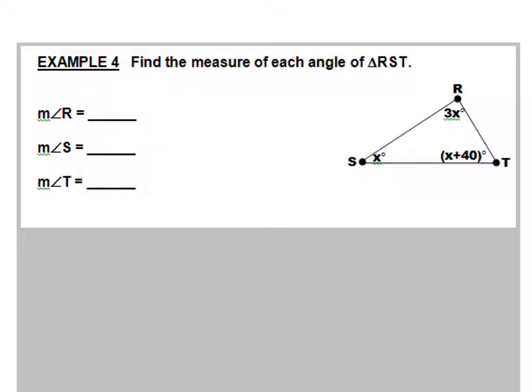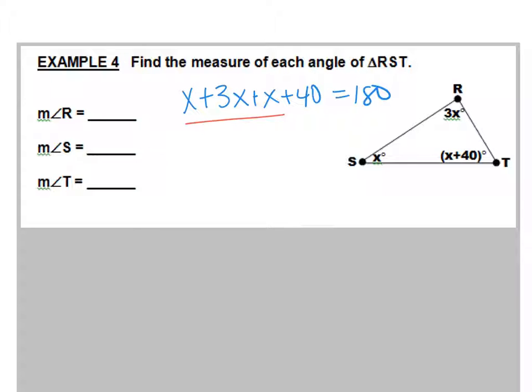Example 4 is asking me to find the measure of each angle. This time they have labeled X, 3X, and X plus 40. So I don't know what any of them are, but I know that all three of them together add to exactly 180. So to solve this, I'm going to do a little algebra.